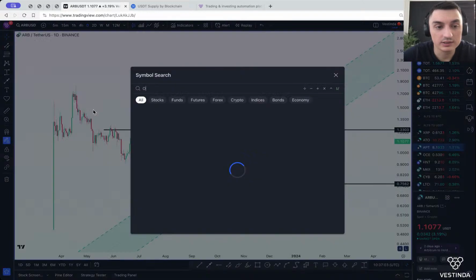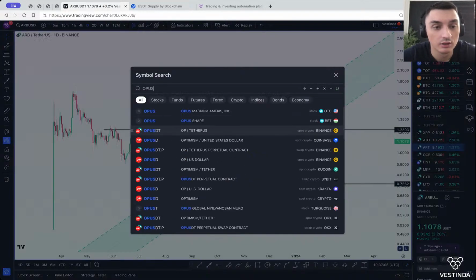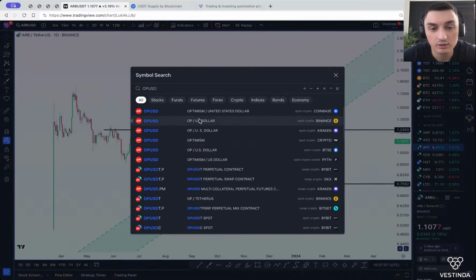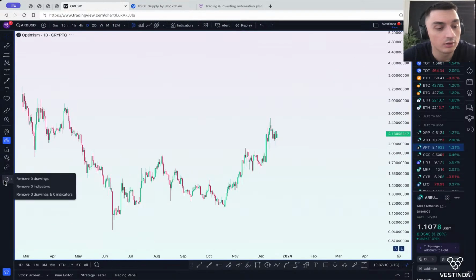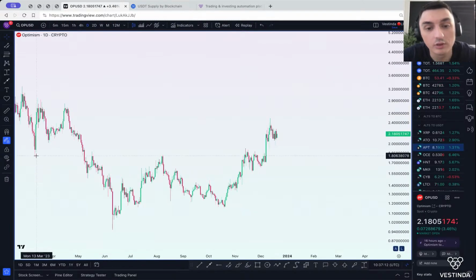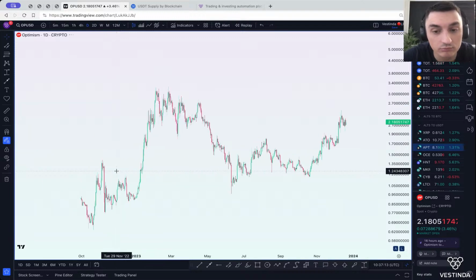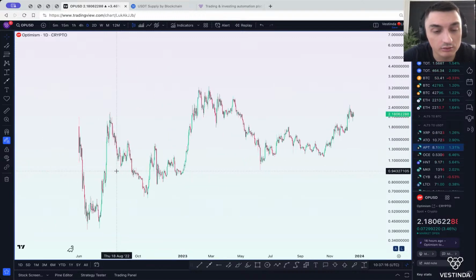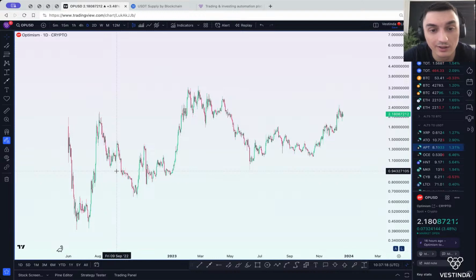We have a similar price on OP USDT. OP had a bigger rise, and so far the price is making some progress.